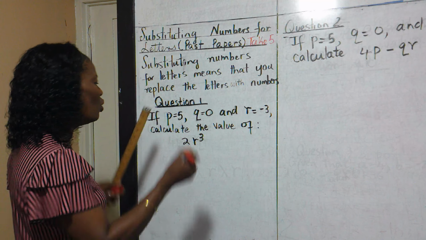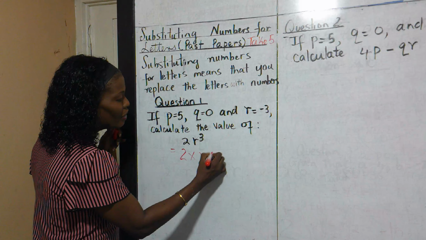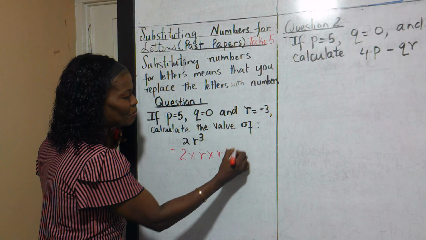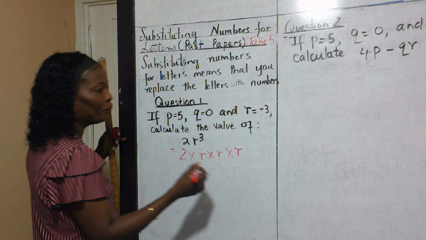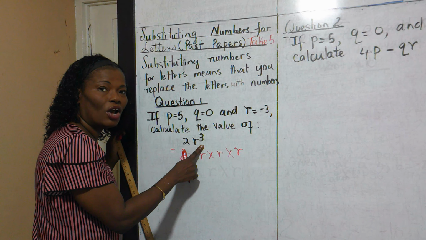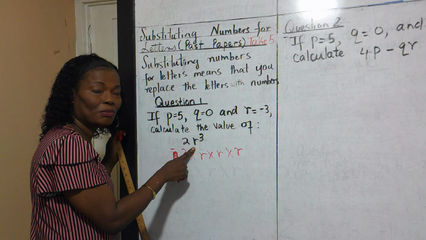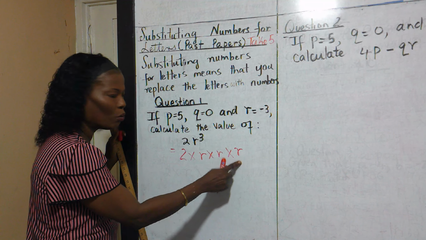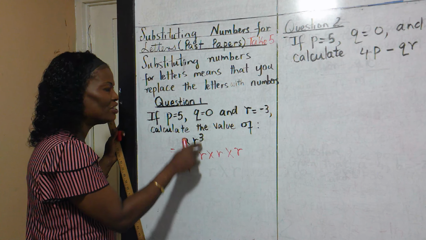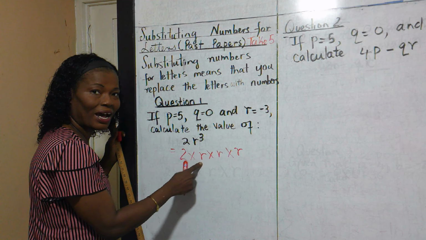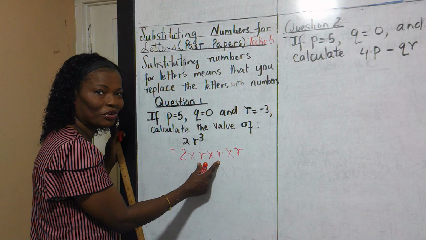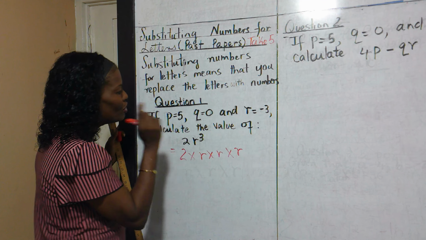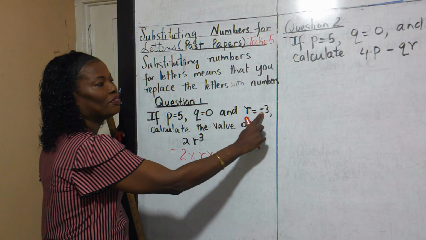So work out what 2R cubed means in its expanded form: 2 times R times R times R. The 3 tells me how many times we are going to multiply R. How many R's do we have here? 1, 2, 3. If this were square, how many R's would we have? Only 2. Now we're going to replace the R with -3.